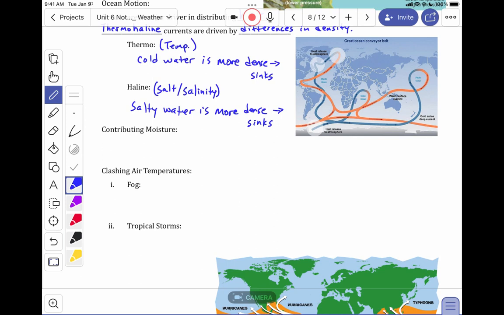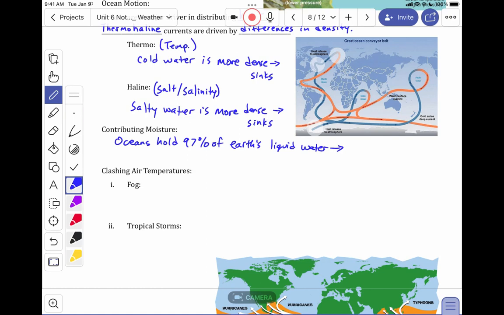So oceans are ginormous. They have almost all the Earth's liquid water. So for contributing moisture, oceans hold 97% of Earth's liquid water.